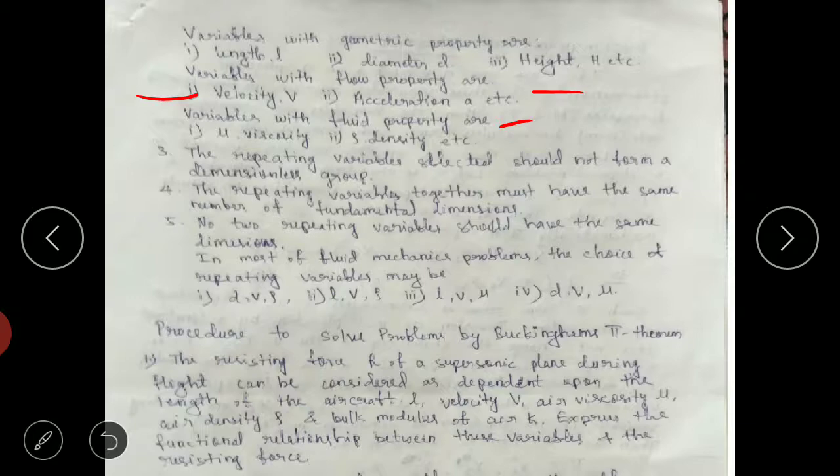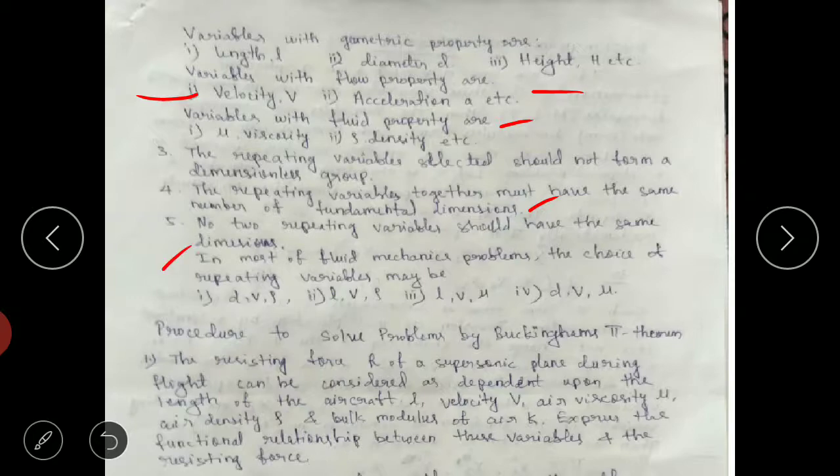Fourth, the repeating variables together must have the same number of fundamental dimensions. Fifth, no two repeating variables should have the same dimensions. That means if you have taken length as one of the repeating variables, you cannot take diameter as another repeating variable, so we cannot take repeating variables that have the same dimensions.